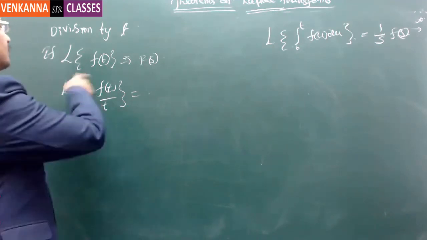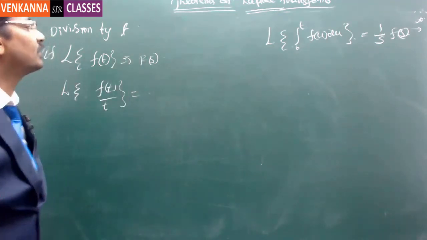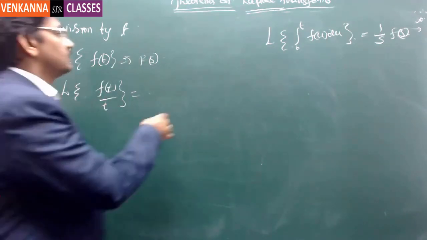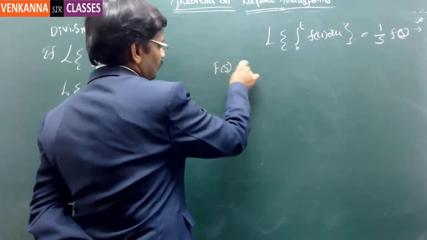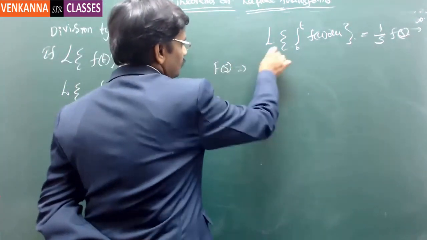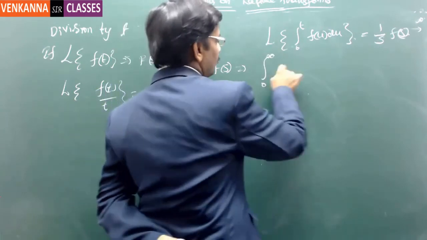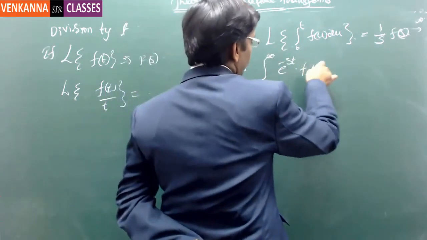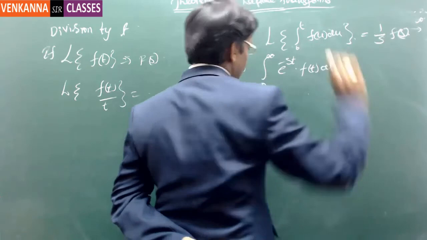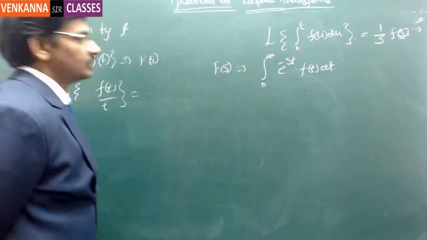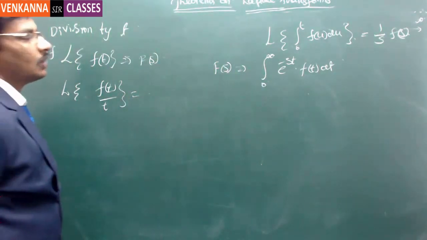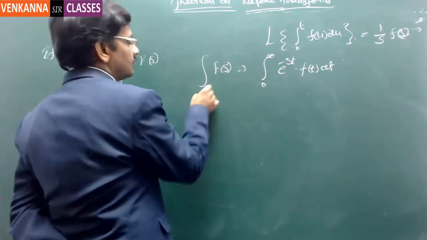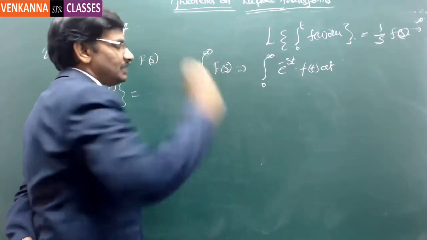So you know the Laplace transform of f of t is nothing but f of s, or f of s is equal to integral 0 to infinity e power minus st f of t dt. So this is the Laplace transform of the function f of t. Now, if you take the integration on either side from s to infinity, this is just a guess.